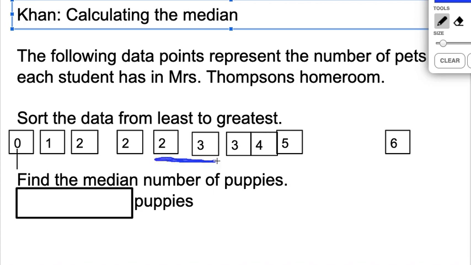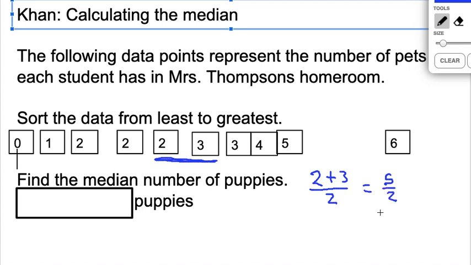And so when you get to this point, what you need to do is you need to find the average of the two numbers. So we're going to take 2 plus 3. And since we're finding the average of two numbers, we divide it by 2. So we're finding the mean or the average of the two middle numbers. So that would be 5 halves.